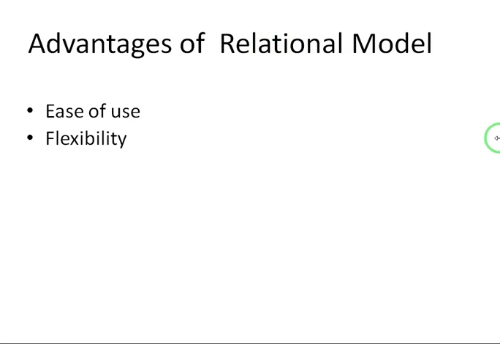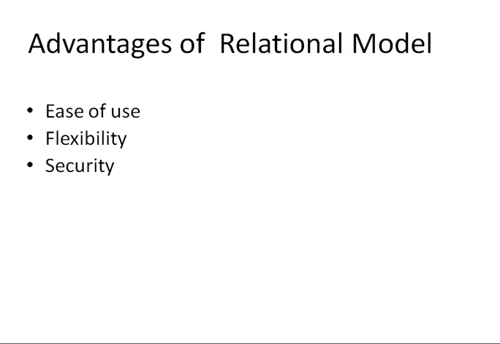The information from multiple tables can be retrieved easily at a time by joining the tables. So it is more flexible than the entity relationship model, network model, or any other model. So the relational model is more flexible for joining one or more tables, or one or more relations.